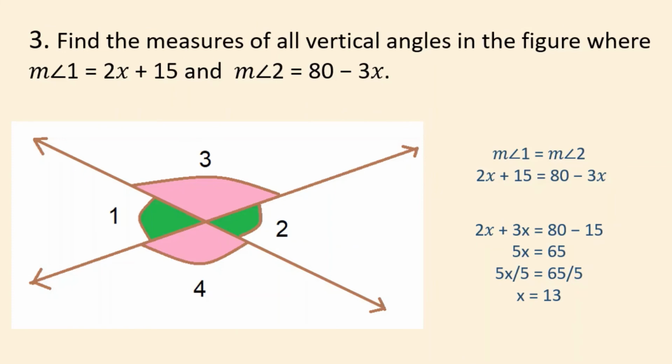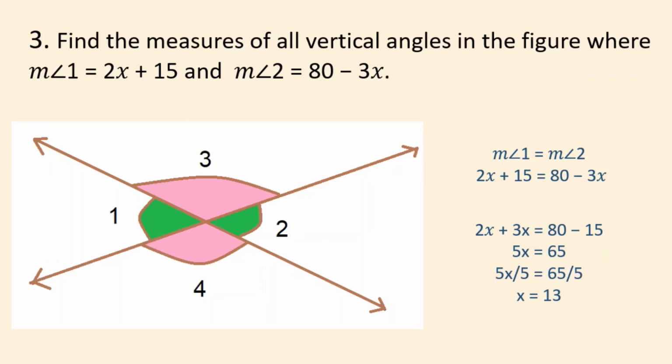Last, number 3. Find the measures of all vertical angles in the figure, where the measure of angle 1 is equal to 2x plus 15, and the measure of angle 2 is equal to 80 minus 3x. In this figure, we have two intersecting lines and two pairs of vertical angles, namely angles 1 and 2 and angles 3 and 4.